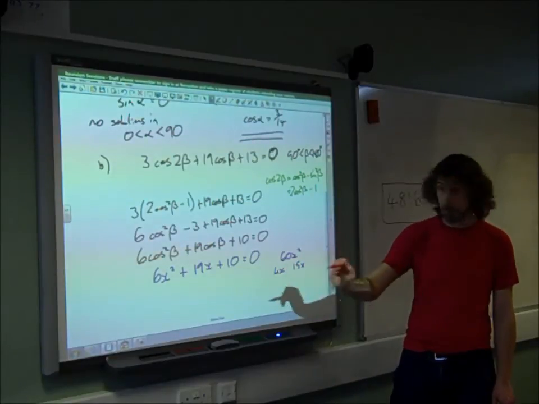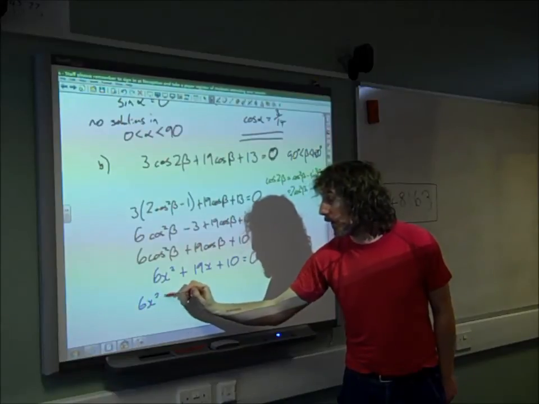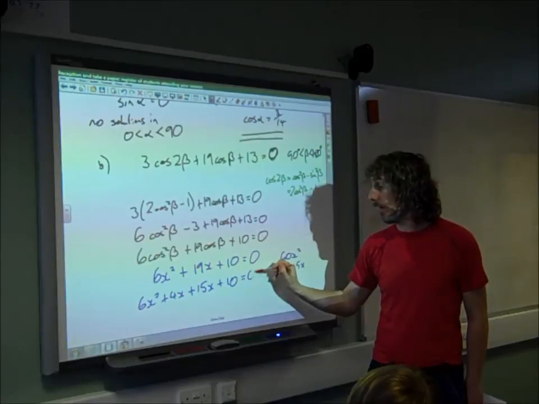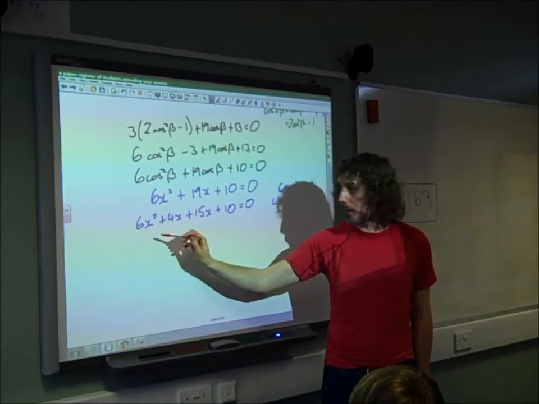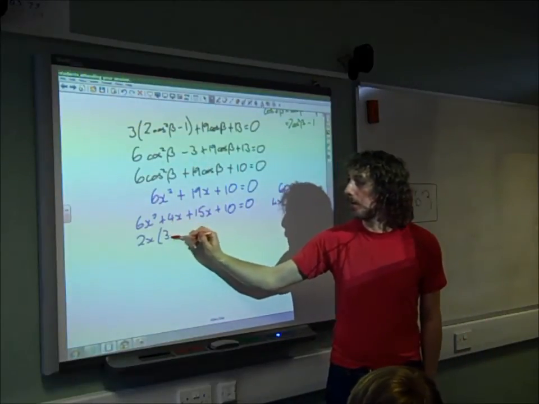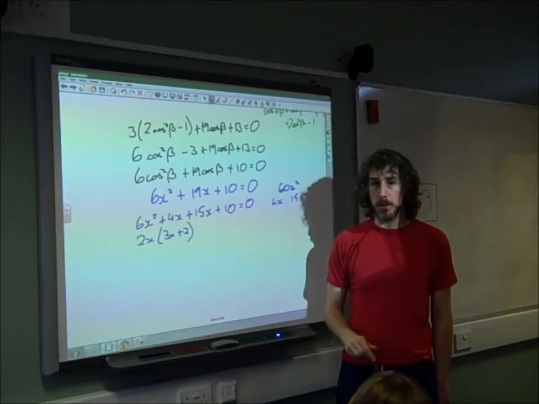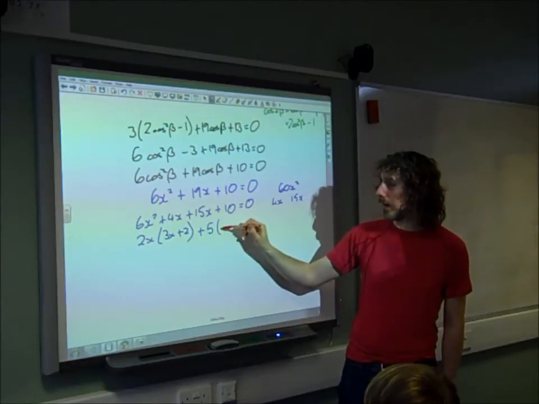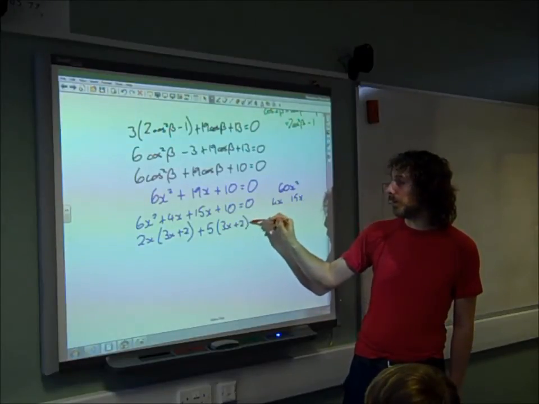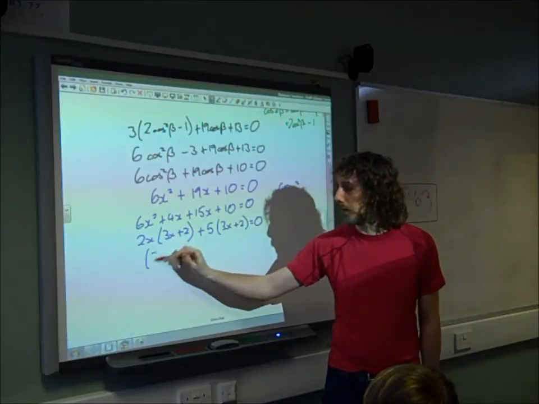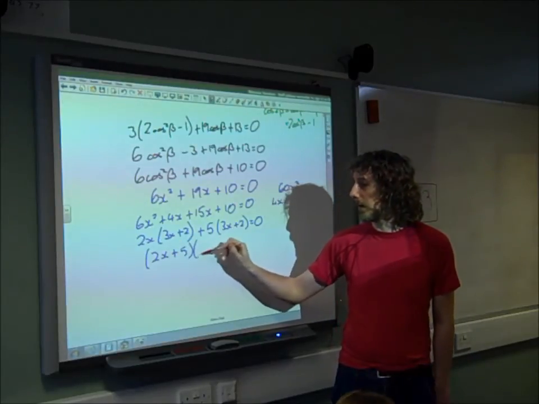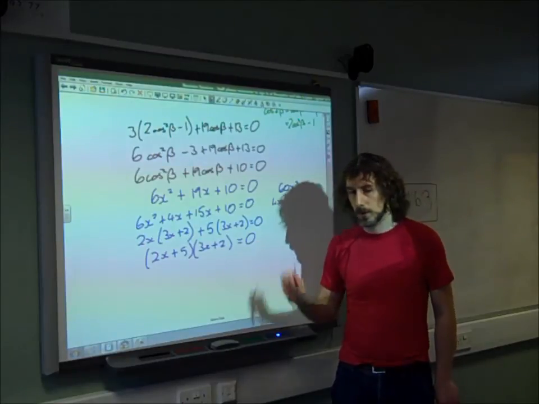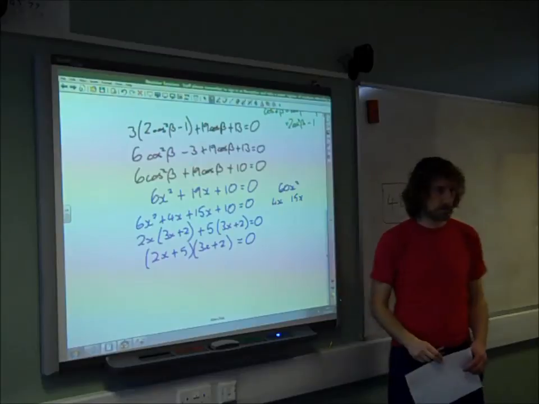You then split it up into 6x squared plus 4x plus 15x plus 10, and then factorise the first two terms, 2x times 3x plus 2, and factorise the second two terms, 5 brackets 3x plus 2, giving us 2x plus 5 and 3x plus 2 as our factors.